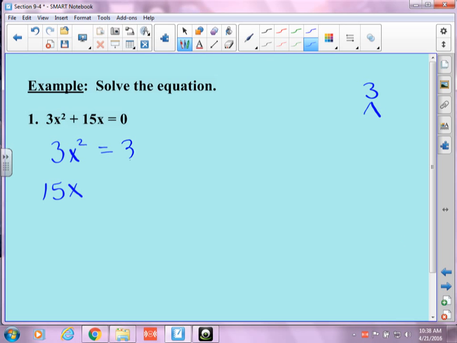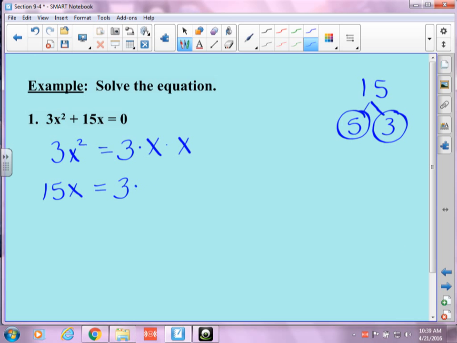So this is 3 times x, and I technically don't even need to do my tree. That was a waste of time. Okay, now my 15 can be broken down into 5 times 3, and I'm going to circle them because they're both prime. And what do I write down first? 3 times 5 times x.